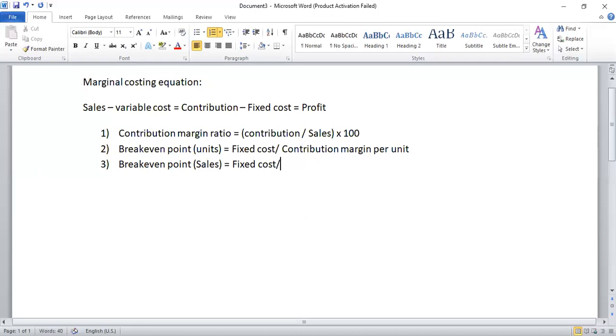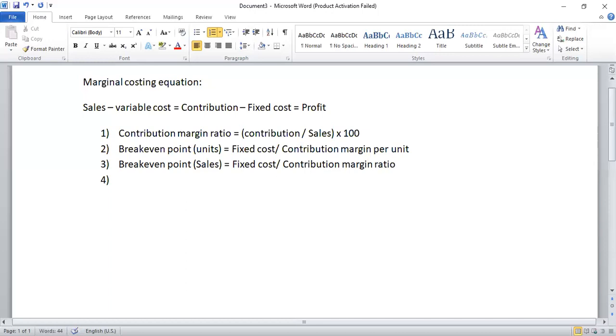But this time it is fixed cost divided by the percentage of contribution margin on sales. So the denominator has the contribution margin ratio.